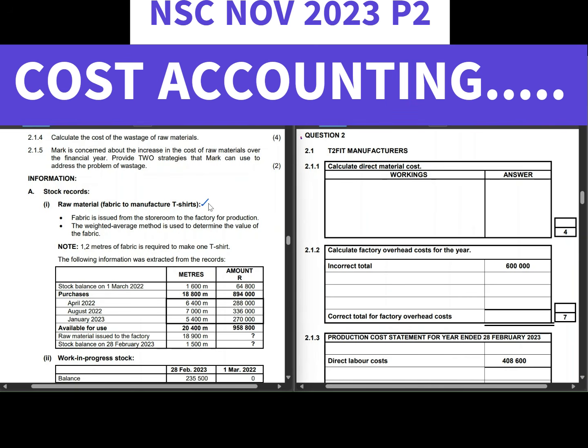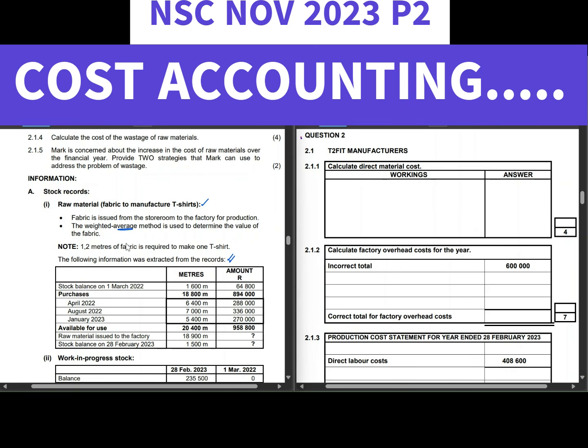Fabric is issued from the storeroom to the factory for production. Very key that in this question, they're using the weighted average method to determine the value of the fabric. And note 1.2 meters of fabric is required to make one t-shirt. The following information was extracted from the records.